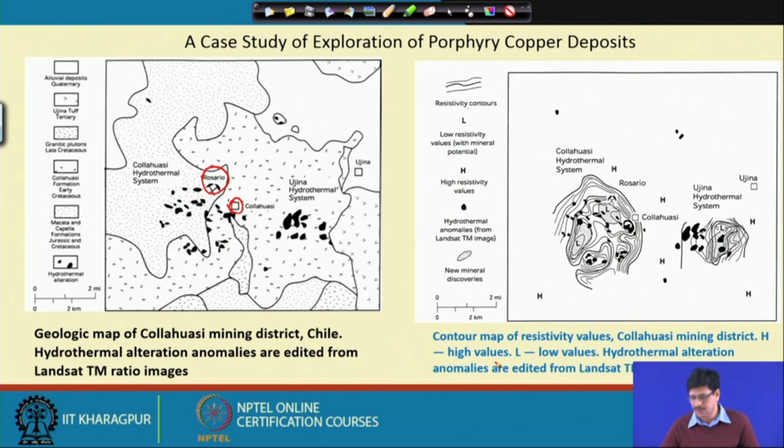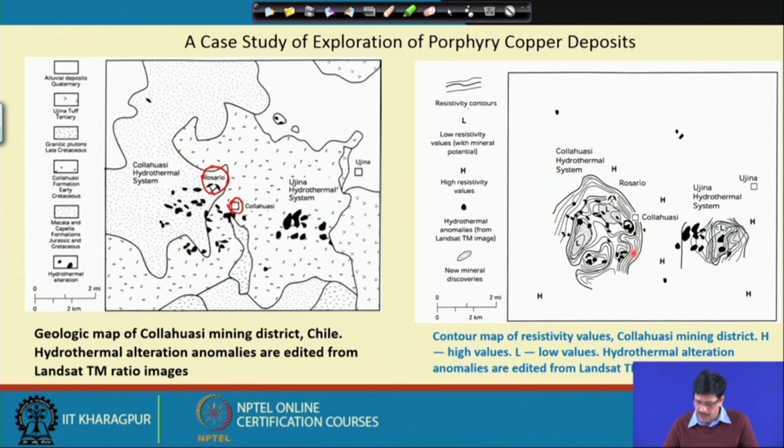We will be seeing such case studies again. The electrical method also turns out to be a very efficient tool to indicate the presence of a hydrothermal alteration zone. What we are seeing here, these two areas, the Rosario area and the Ujina area in the Chilean Andes, their presence of such alteration zones is also supported.